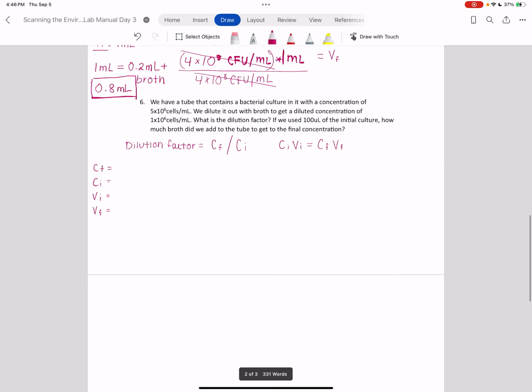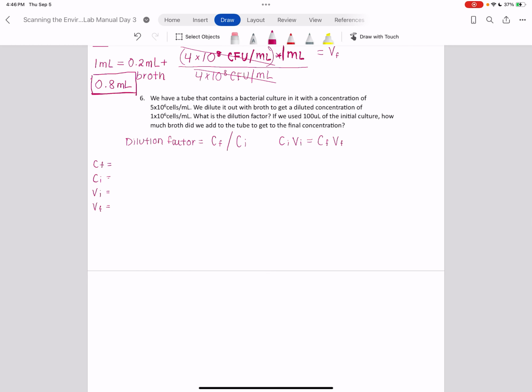All right, so last question, number 6. We're starting out with some new tubes, and now we're handed a tube that has a bacterial culture in it, with a concentration of 5 times 10 to the 6th shown here. We're told that we diluted it out with some broth, and now our tube is going to be at a concentration of 1 times 10 to the 6th cells per ml.